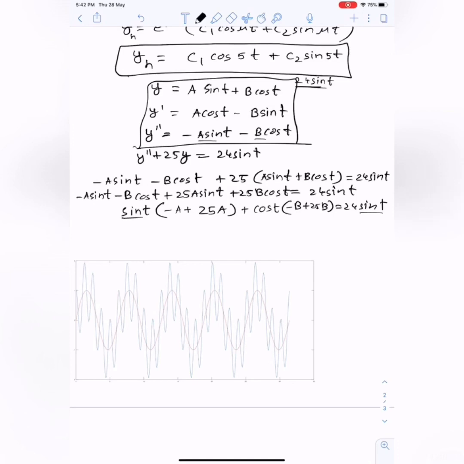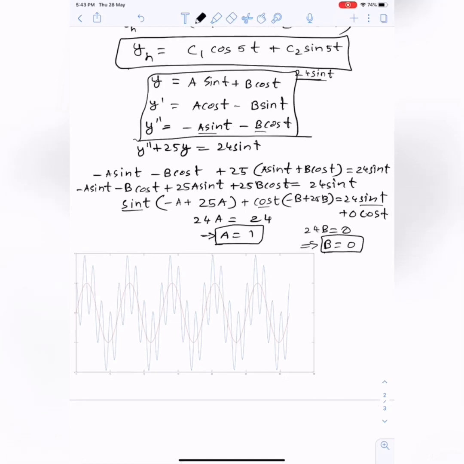Comparing the coefficients of sin t, 24a is equal to 24, which means a is equal to 1. Comparing the coefficients of cos t, explicitly you can write 0 times cos t, so 24b is equal to 0, which implies b is equal to 0. Now we know a is equal to 1 and b is equal to 0.